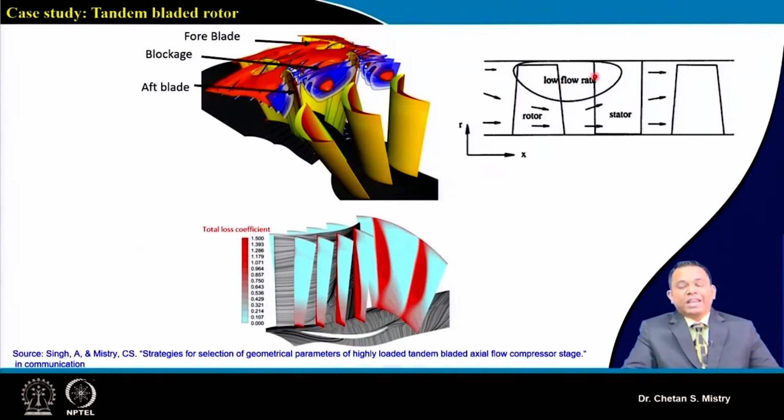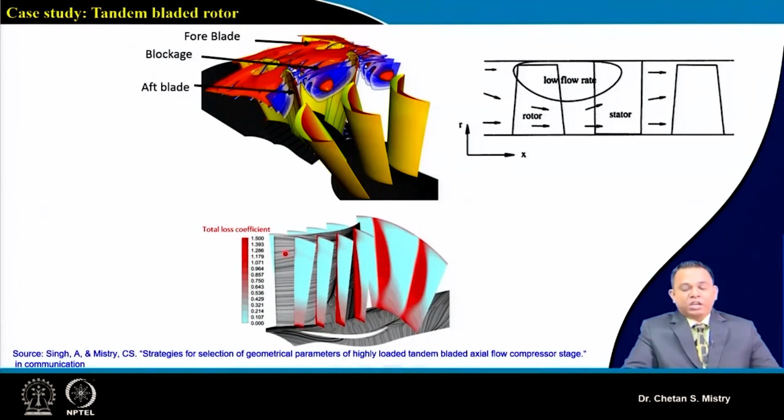When that strikes the stator, the challenge for the design of the stator increases. So here, this is the flow blockage that is coming out from our tandem bladed rotor. Now this will be striking on the stator.